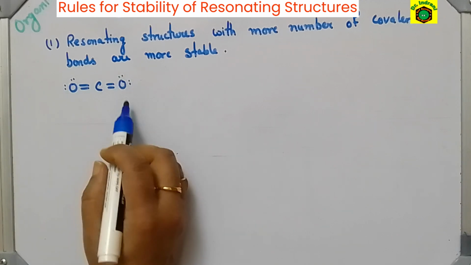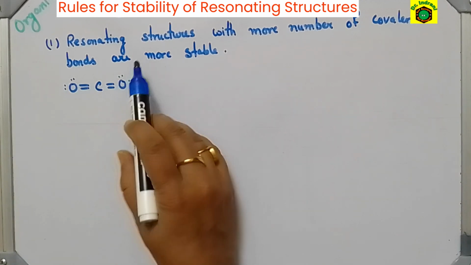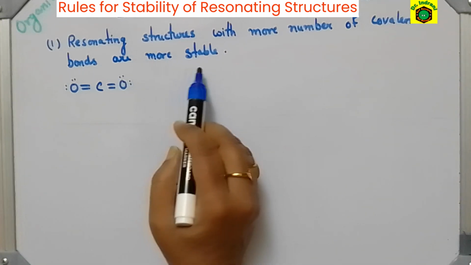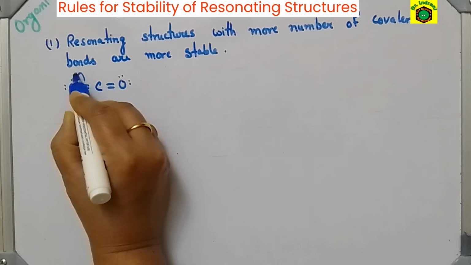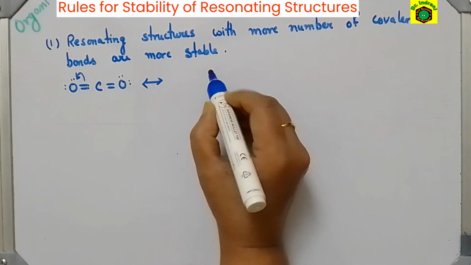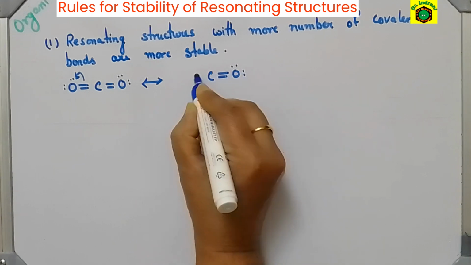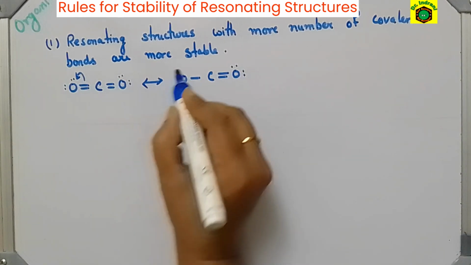So this is one Lewis structure of carbon dioxide. It is written that resonating structures with a greater number of covalent bonds are more stable. Now see, if we clip this pi bond in this direction, what will be the next resonating structure? This part is intact. Here we are shifting these pi electrons onto oxygen.